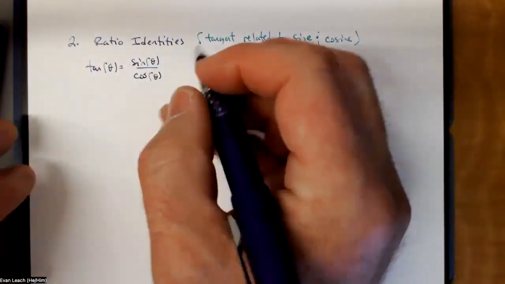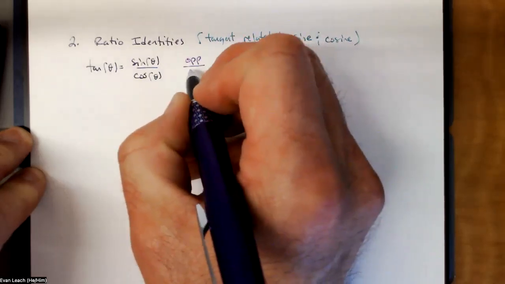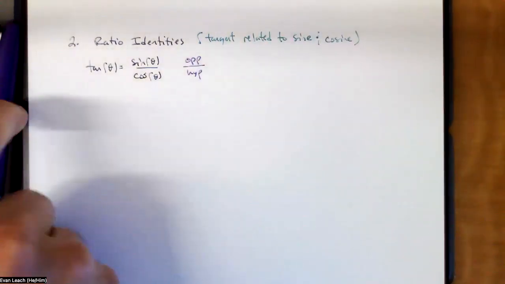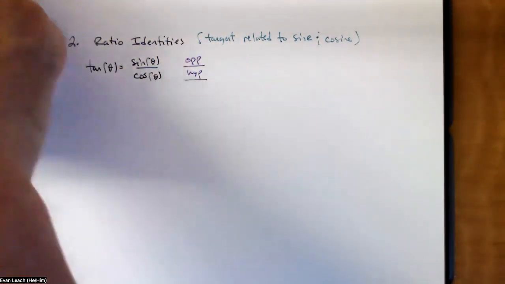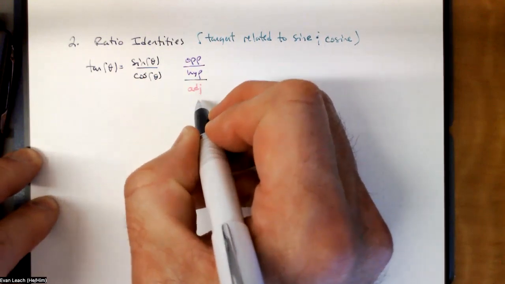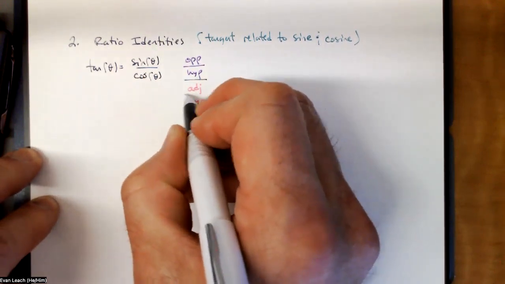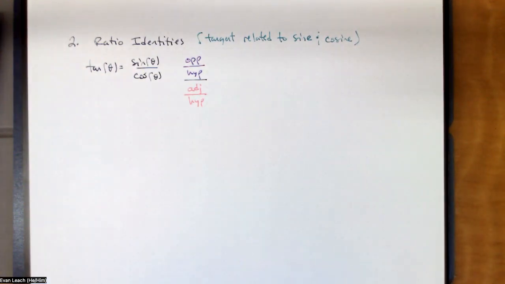So recall that sine is opposite over hypotenuse, and we're dividing opposite over hypotenuse by adjacent over hypotenuse. And when we're dividing fractions, we multiply by the reciprocal.